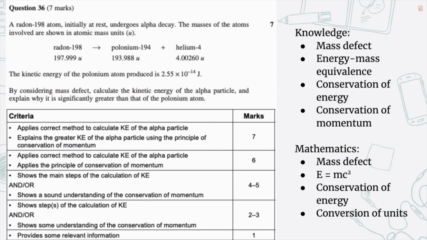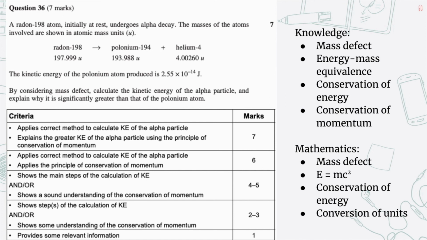Let's have a look here at what we need to do to address this question. Firstly, we need to draw in our knowledge of mass defect, energy mass equivalence, conservation of energy, and conservation of momentum. 2 concepts that were put forth in the HSC syllabus, but 2 concepts that were addressed in the preliminary syllabus.